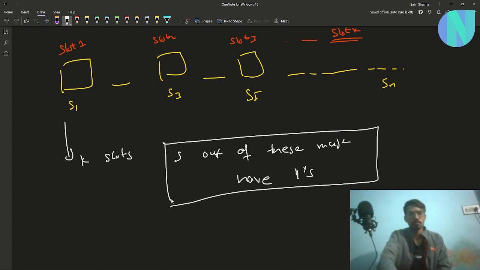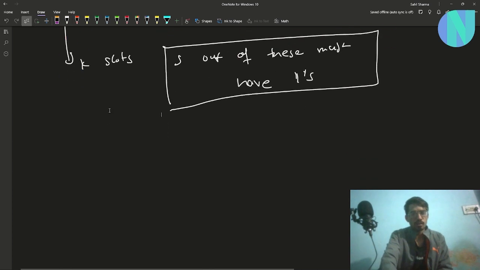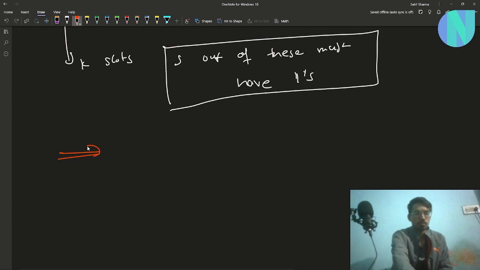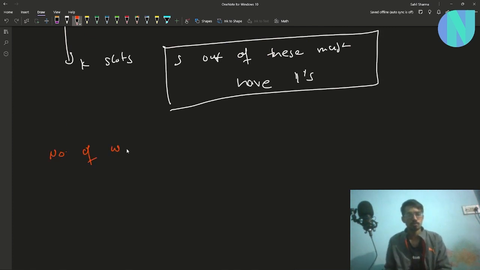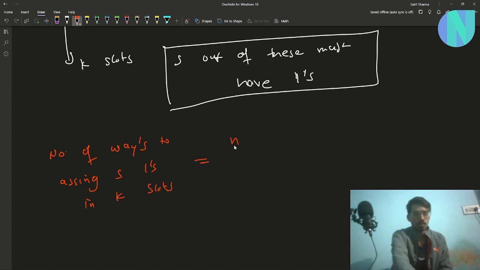So you can say that we have to choose S slots out of these k slots and assign them 1. So the number of ways to assign S ones in k slots is just k choose S, right?